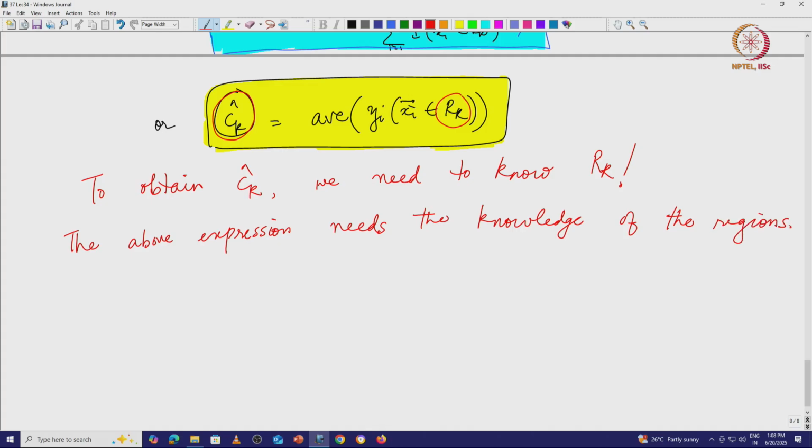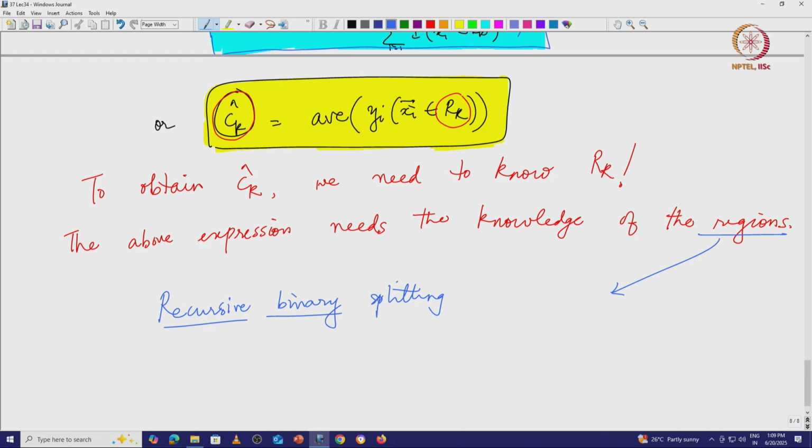So how are the regions determined? The regions are found using an algorithm called recursive binary splitting. Binary because every time you only branch into two regions, and recursive because you keep on doing it again and again till you get the desired accuracy for the decision tree.